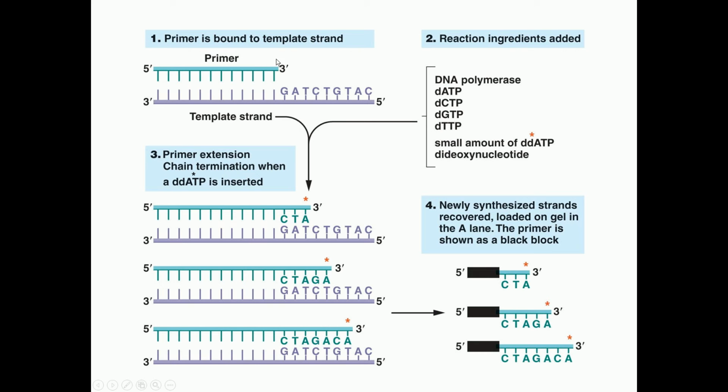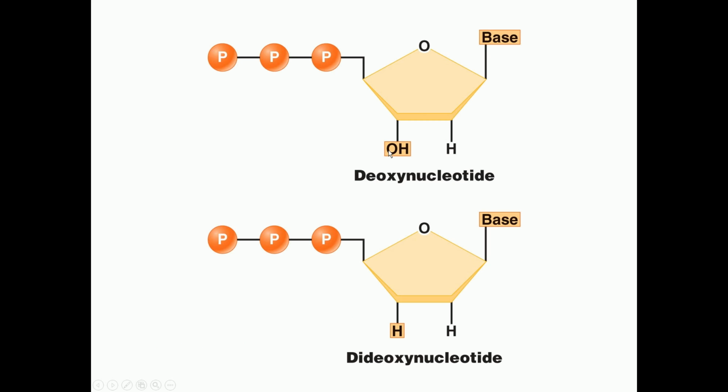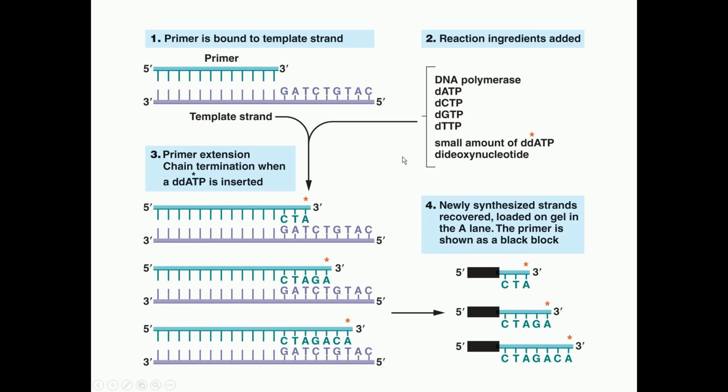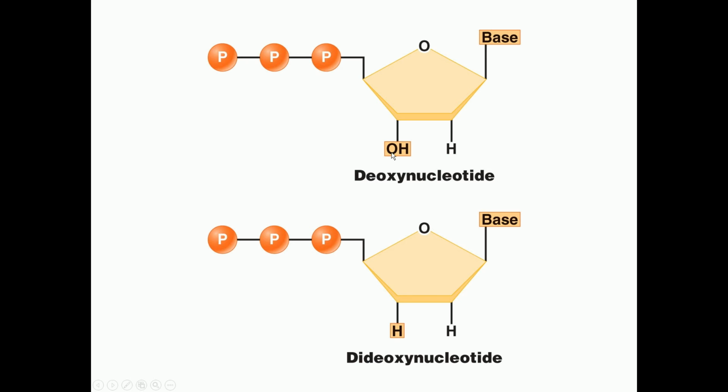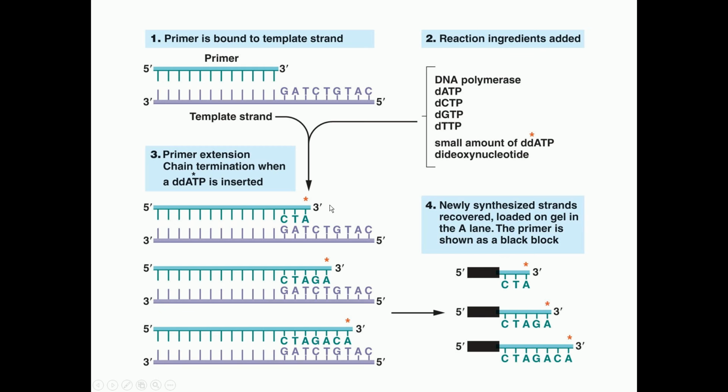If this is the last nucleotide here and it has this group, the DNA polymerase can add the next nucleotide, and that nucleotide can be linked to this nucleotide by a dehydration reaction, they together lose one molecule of water that will link them. So the requirement of DNA polymerase is a hydroxyl group at the 3' carbon. This is the basic information we need to know how DNA replicates.